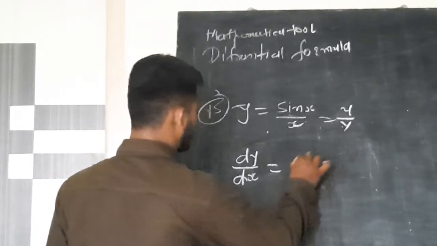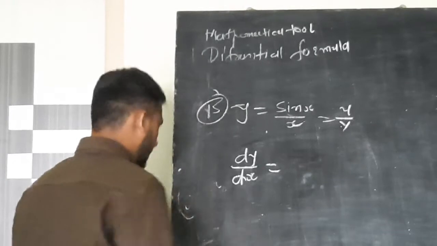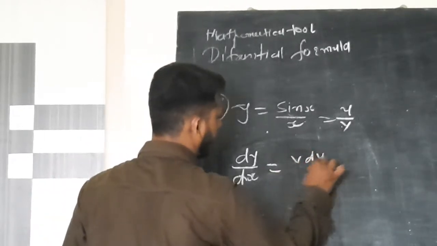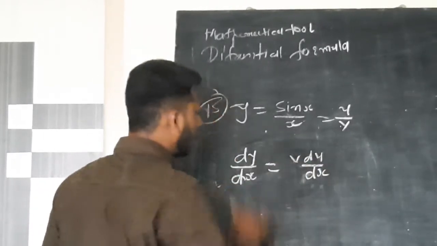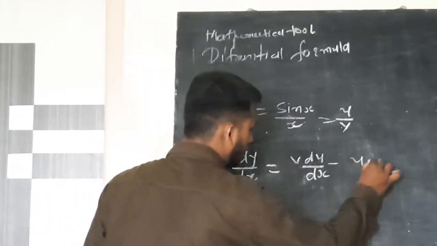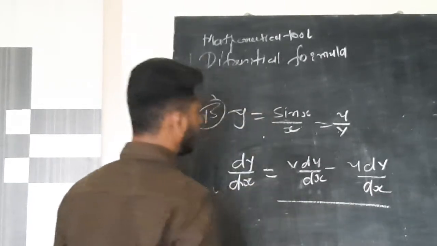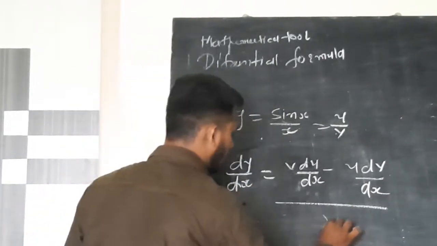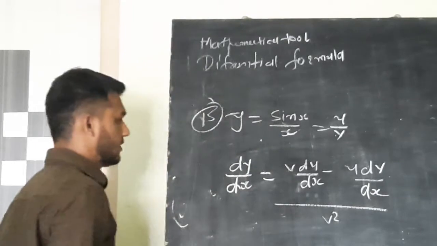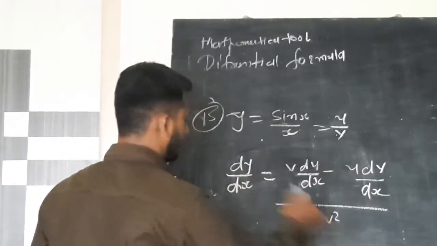For sin x upon x, we take v du by dx minus u dv by dx, divided by v square.